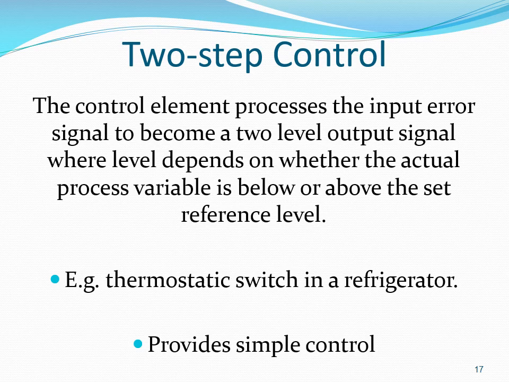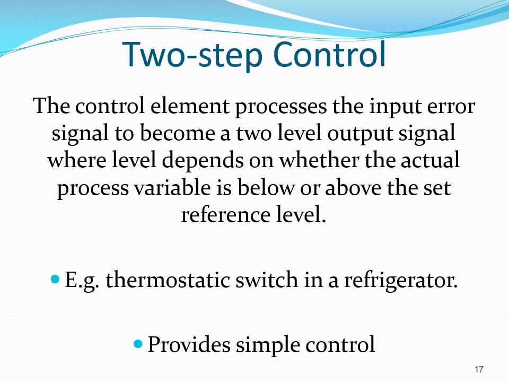Let's have a look at two-step control. In two-step control, the control element processes the input error signal to become a two-level output signal, where the level depends on whether the actual process variable is below or above the set reference level. As an example, in a refrigerator, we have a thermostatic switch.